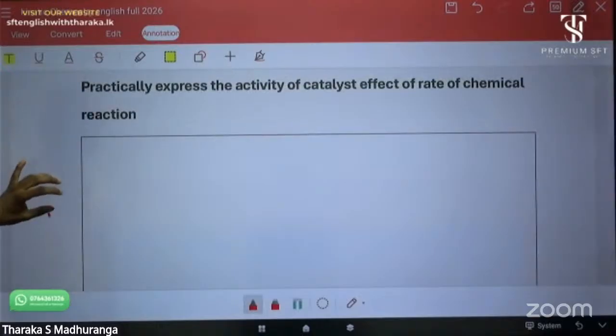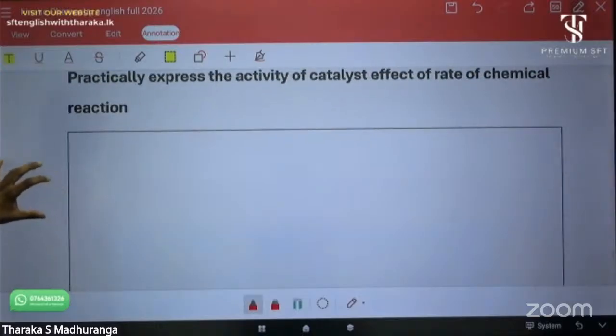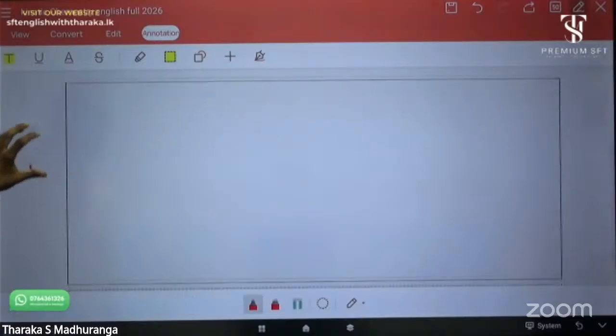The next one: practically explaining the activity of a catalyst on the rate of a chemical reaction.